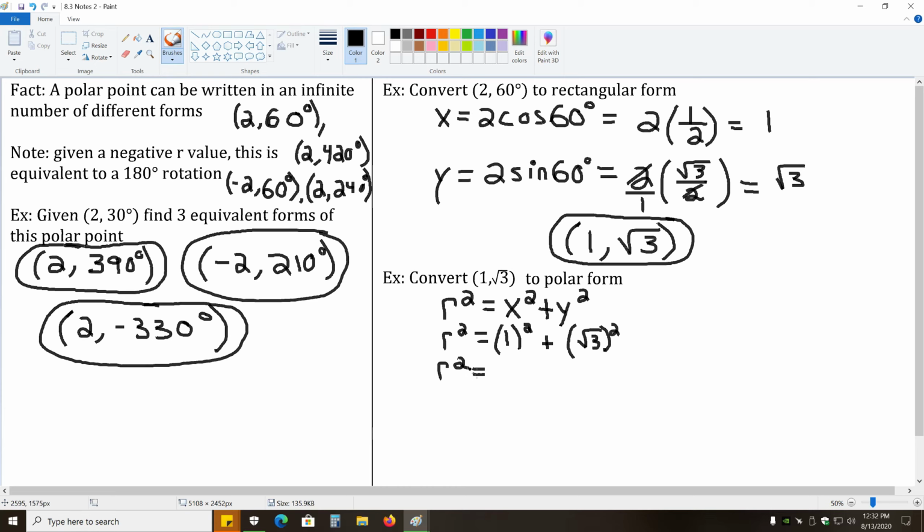Simplifying, we get r squared equals 1 plus 3, which is just 4.